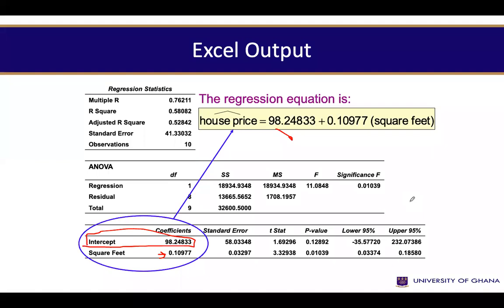So if the house size is 0, the value of the price of the house would be what? 98.2483. Remember that the house price is measured in thousands. So it's about 98,000.